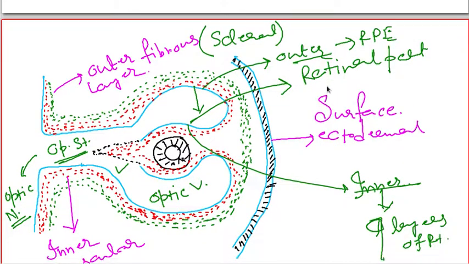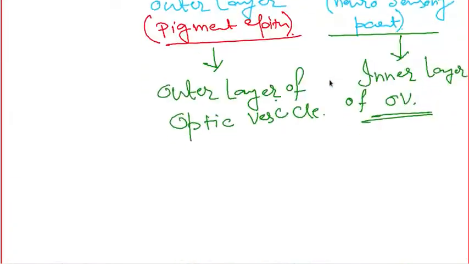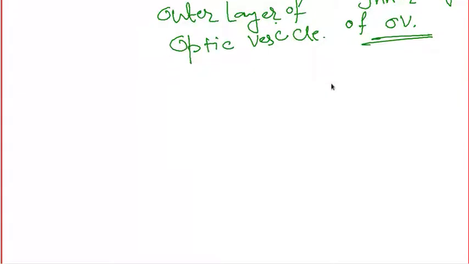Okay, now let us go to the next structure. I have completed the retina. Next is the vitreous. I have already told about the vitreous in my previous lecture. Okay, it's a jelly like structure. Next is the epithelium of the iris and ciliary body.